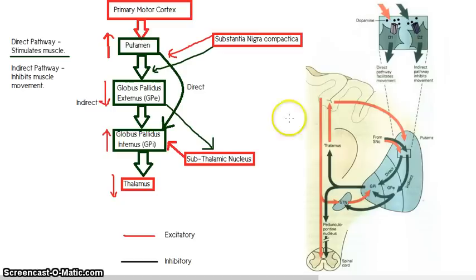That results in an increase in the activity in the subthalamic nucleus, which results in kind of a reinforcement of the inhibition, or a reinforcement of the indirect pathway, and an inhibition on the primary motor cortex.